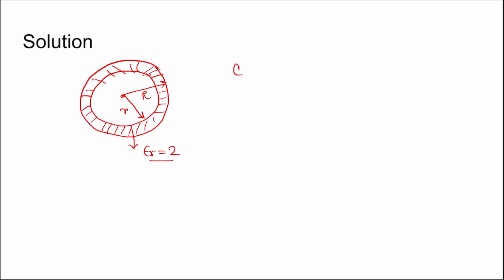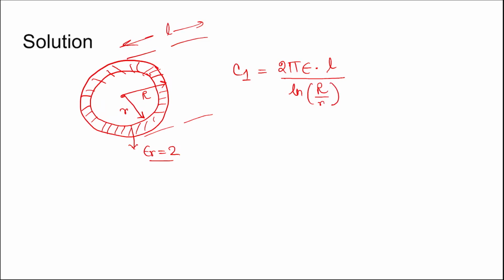So capacitance in the first case, let it be denoted by C1, is given by 2 pi into epsilon, where epsilon is the permittivity, times length of the cable divided by ln outer radius by inner radius.